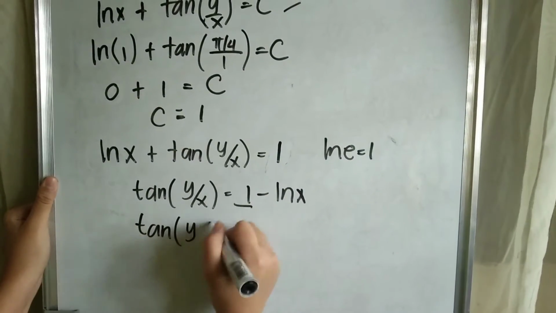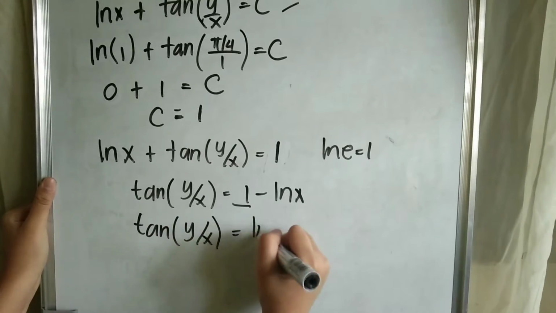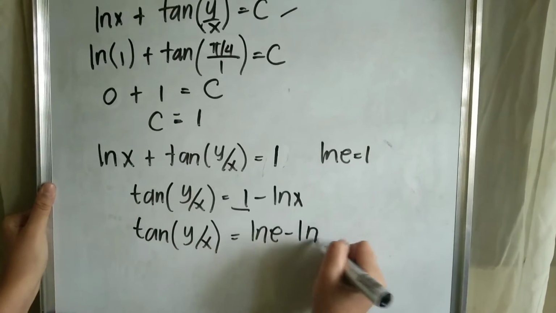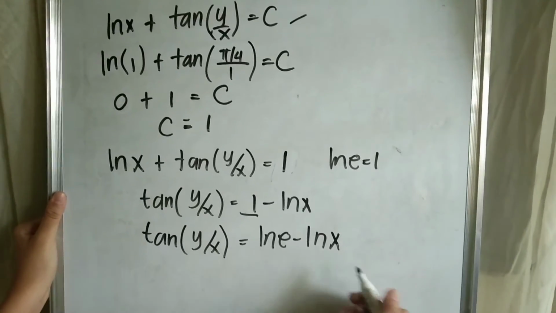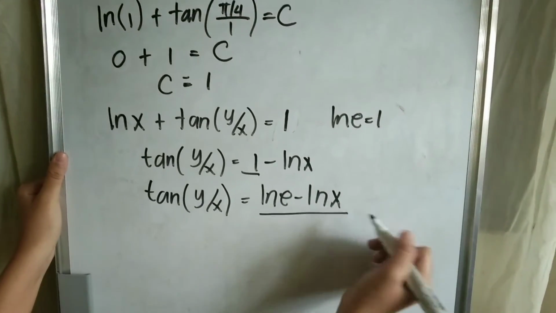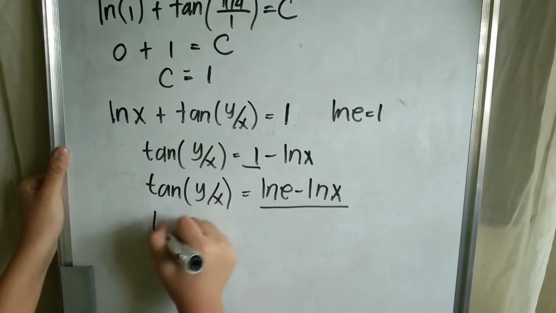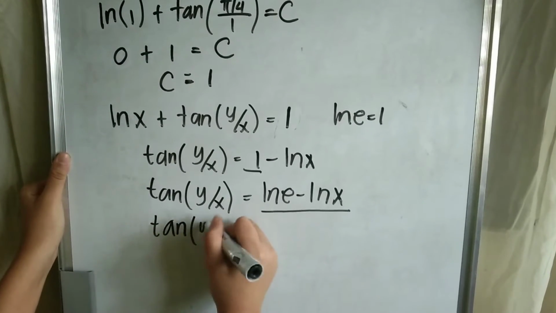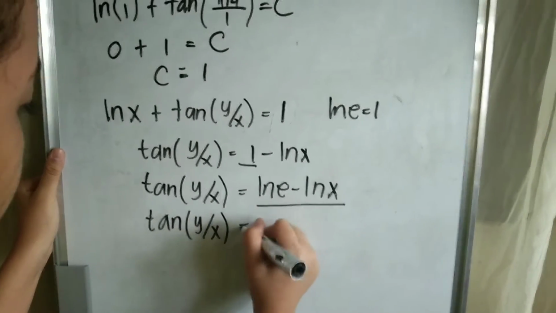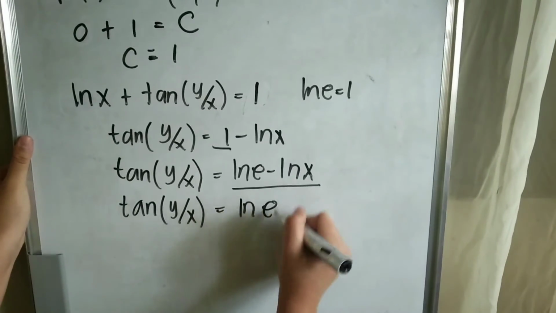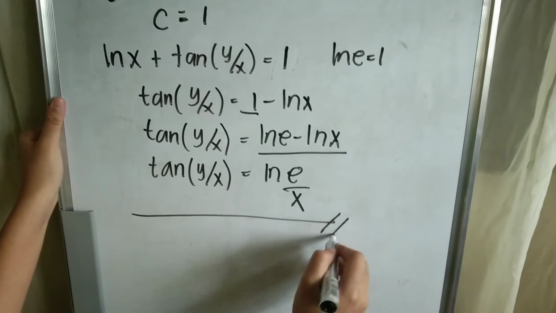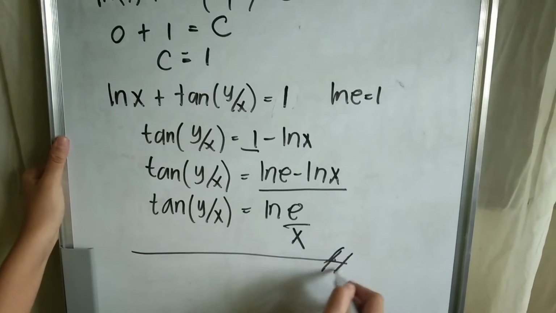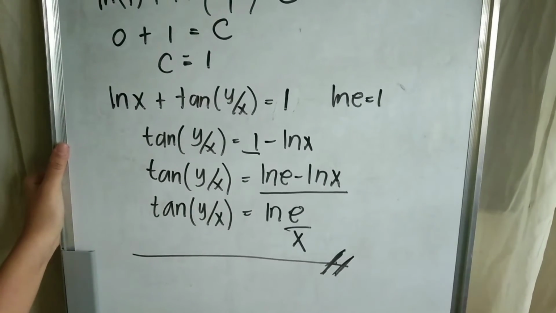Tan of y over x equals ln e minus ln x. And by the property of natural logarithm, this subtraction form can be rewritten into the division form. So this is ln of e over x. So this is our final answer, the particular solution.